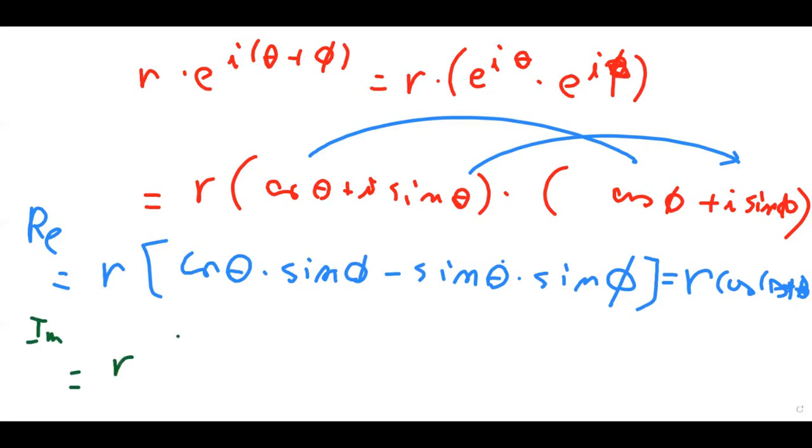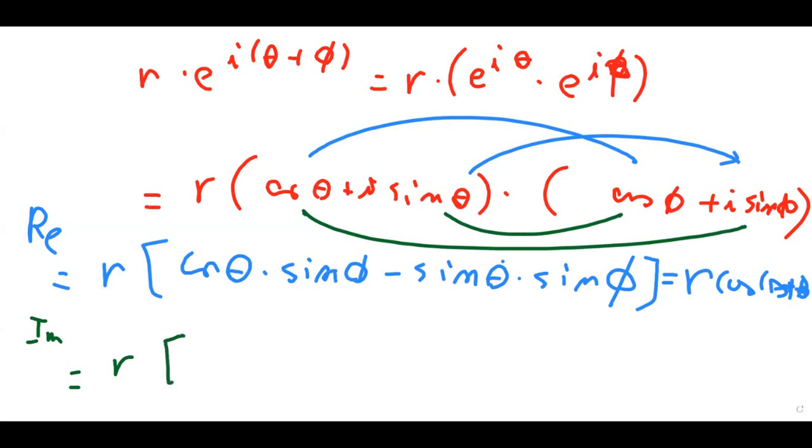It is r. Now you have this one times this one and this one times this one. So it would be r i, but put i outside. It would be cosine theta sine phi plus sine theta cosine phi.